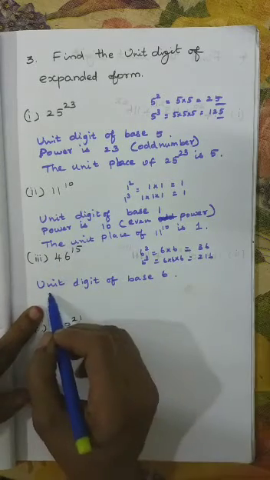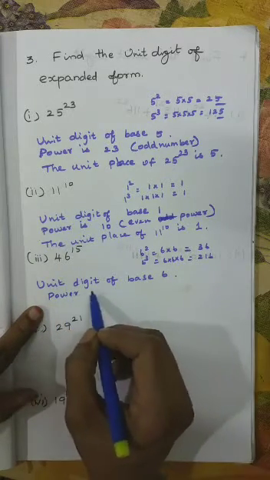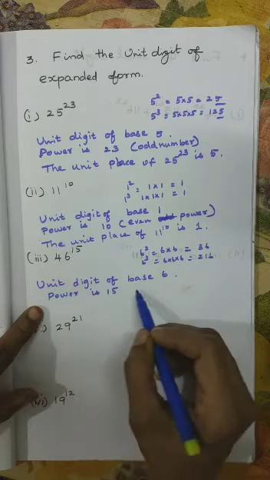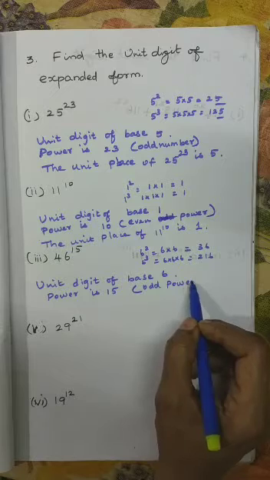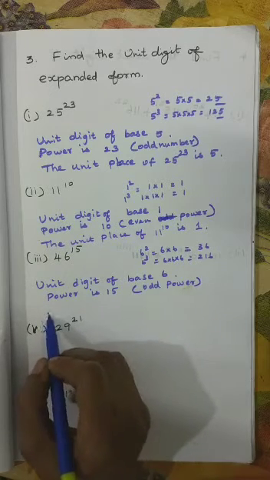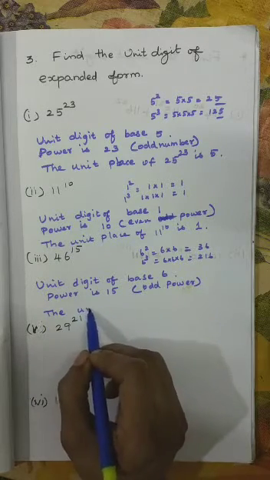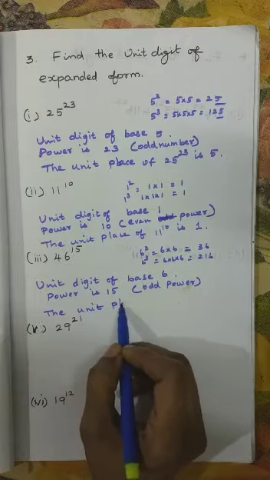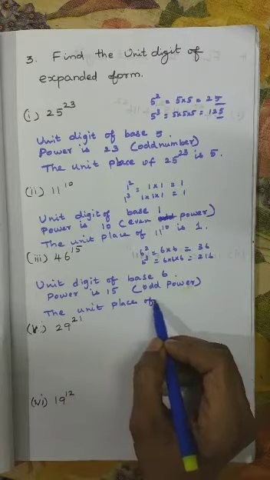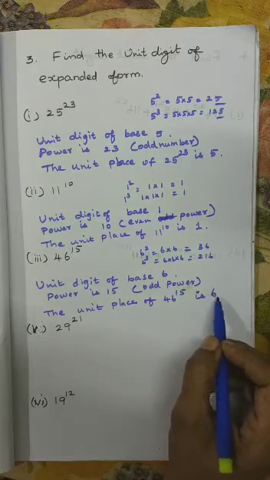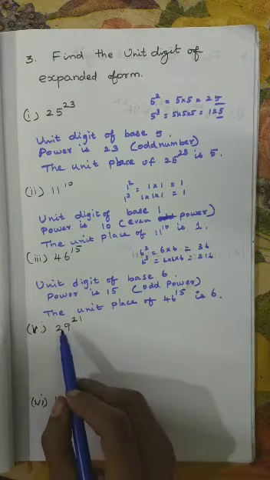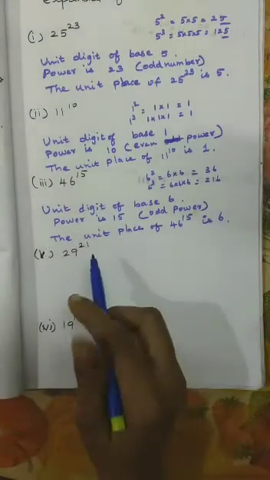Then the power is 15, an odd power, isn't it? So the answer is, the units place of 46 power 15 is 6. See the next sum.